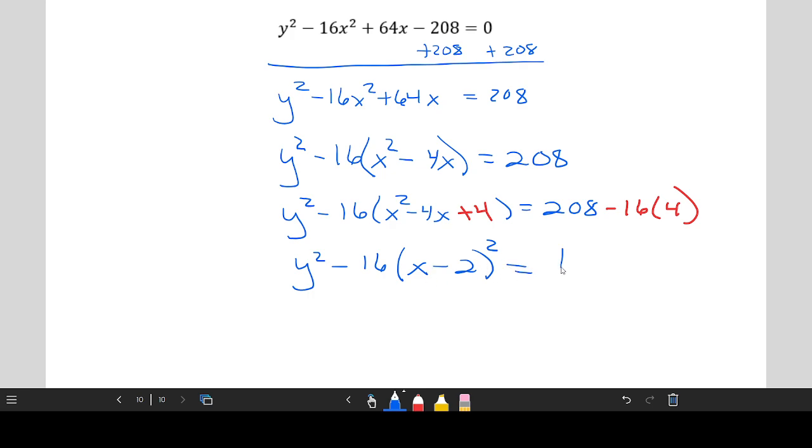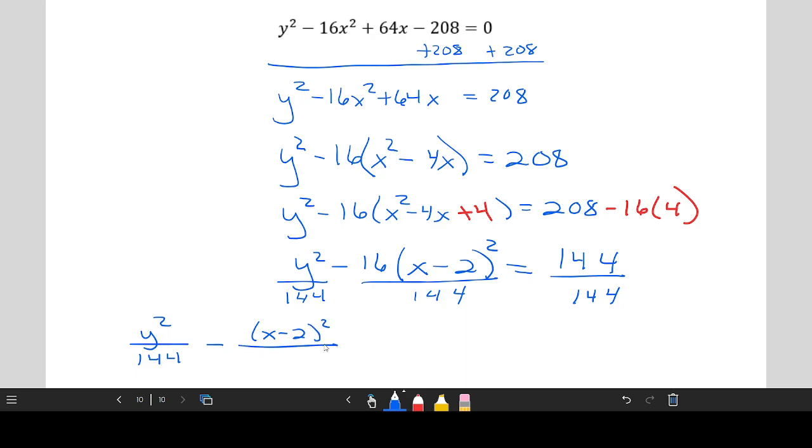And the right side comes out to 144. We want the right side to be 1, so we'll divide every term by 144. And this is the equation that we end up with.